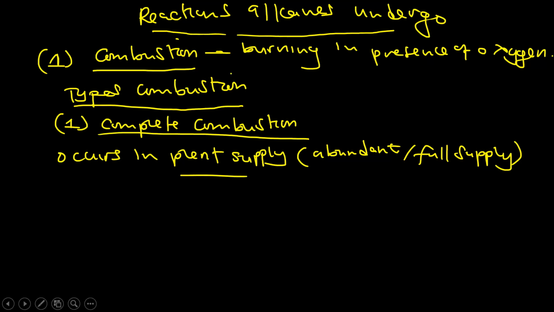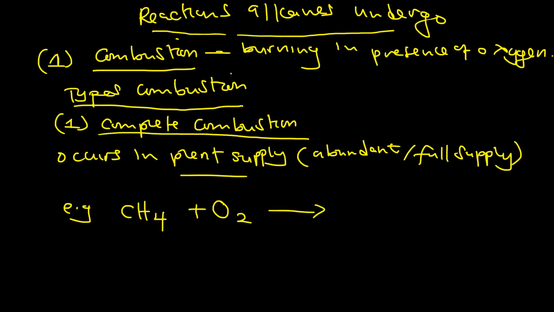Let me give an example of an equation. If you have methane, which is an alkane, reacting with oxygen, what is given out? It is very important to know the product. In complete combustion, every time the product is water and carbon dioxide.